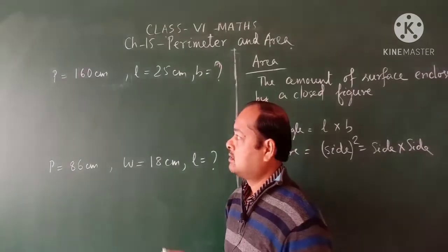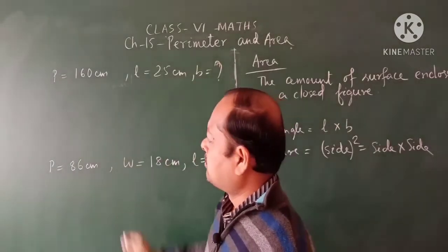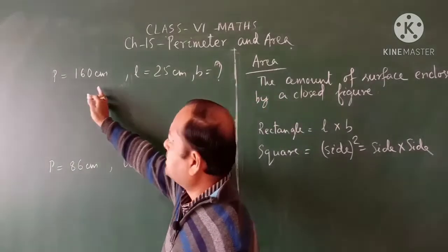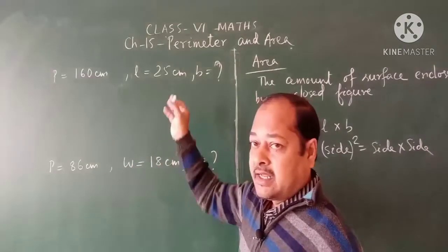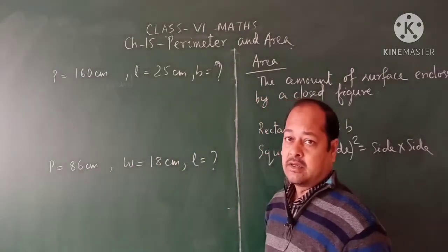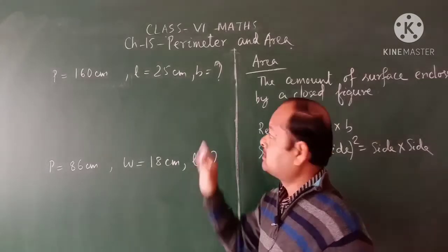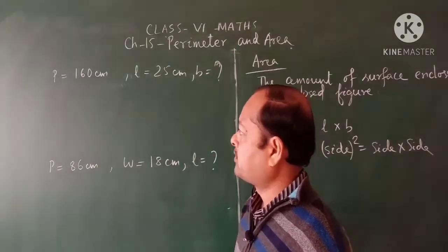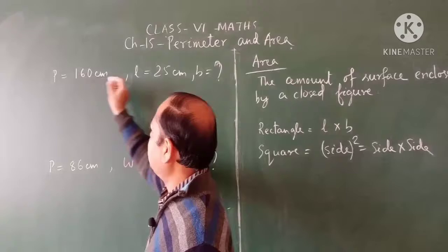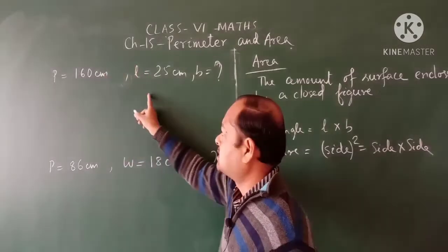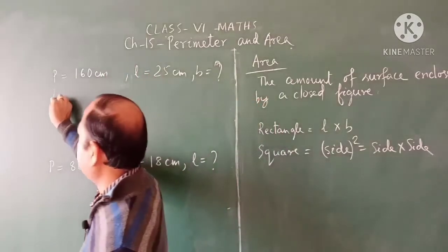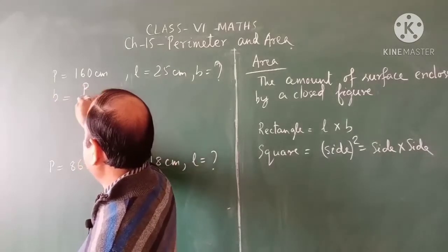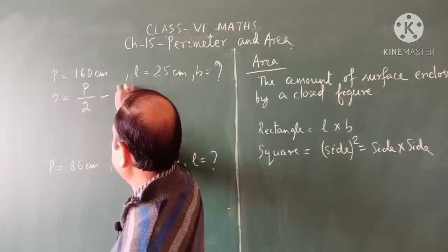Okay, so now look at this problem. Here the perimeter is given as 160 centimeter and the length is given as 25 centimeter. What we have to find out? We have to find out the breadth of this figure. Whenever P and L are given, meaning perimeter and length are given, what is the formula? I have already told: breadth equals perimeter divided by 2 minus length.